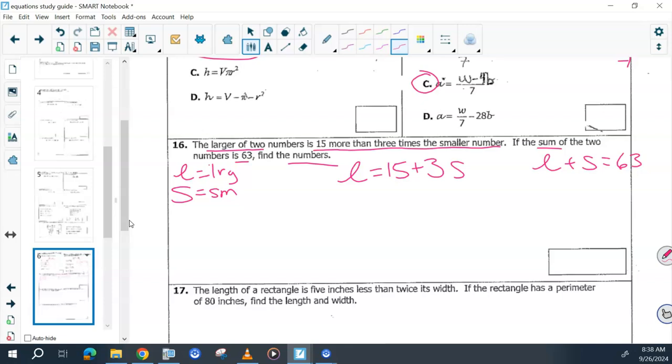And this is where you take the equation that you have for L, put it back in for this L. So that would look like 15 plus 3S for L plus the original S equals 63. And then we can start to combine like terms. So add 3S and S to get 4S.